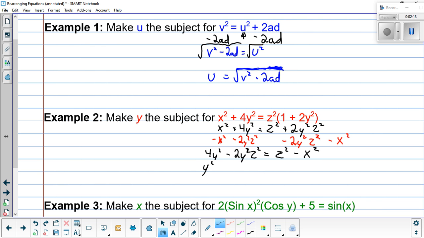So I can do y squared times a bracket, and factoring will actually save you a lot of work sometimes, or actually make it so you can do something. 4 minus 2z squared on the inside equals z squared minus x squared. So we can divide both sides by what's in our bracket.